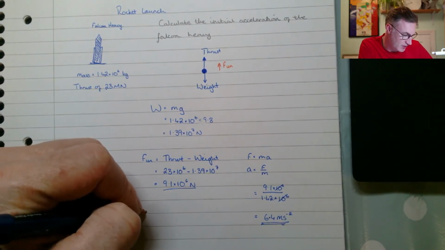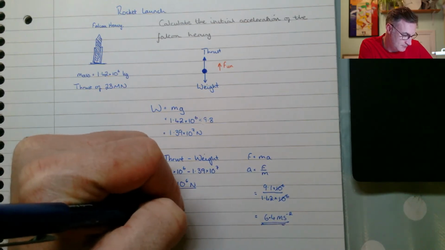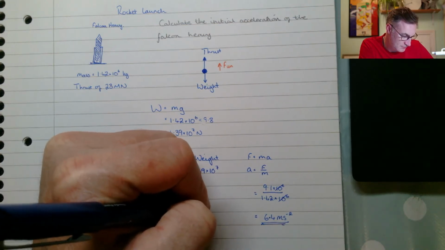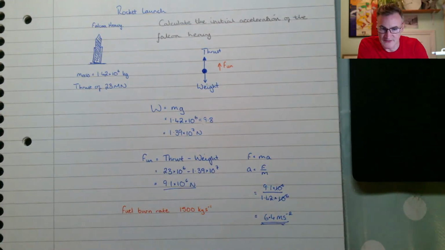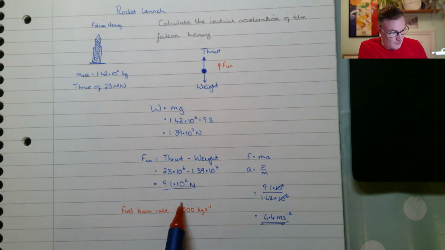fuel at a burn rate of 1500 kilograms a second. So I think it takes about 400 seconds to burn through its supply of fuel. Every second, every instant that it goes, it's getting 1.5 tons lighter.